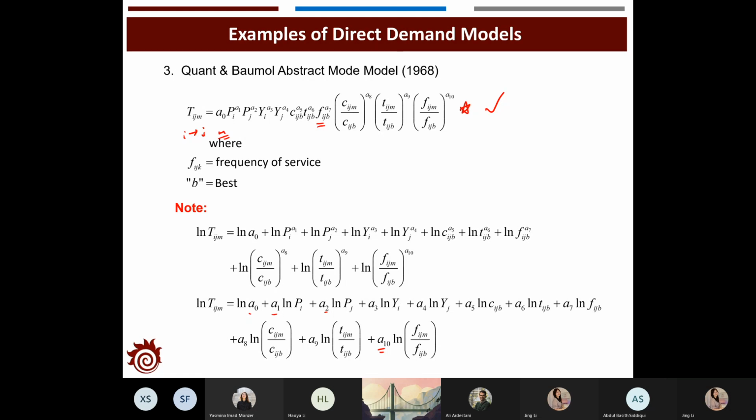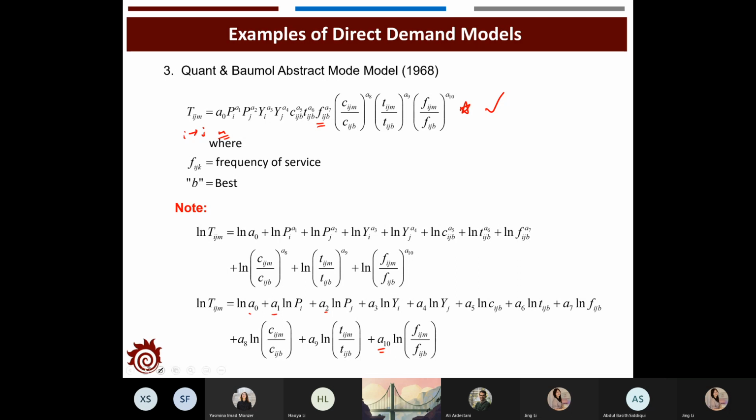So there will be a lot of work, and due to this lack of flexibility of the direct demand models, nowadays most of the cities and metropolitan areas have changed their planning model to four-step models instead of applying the direct demand model.